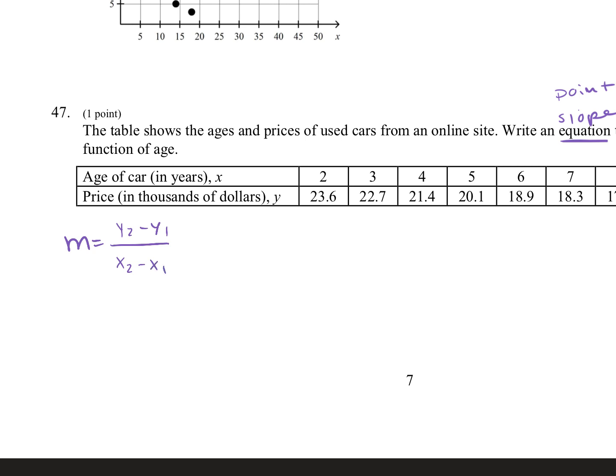Perfect. y2 minus y1 over x2 minus x1. So I can pick any 2 points. I'm just going to pick the first two. This will be my x1 and y1, and then my x2 and y2. So I have 22.7 minus 23.6 over 3 minus 2.